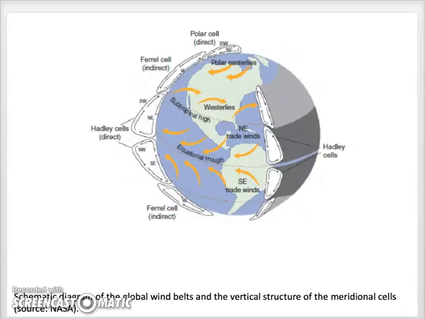This air cools as it moves forward and sinks back to the surface at about 30 degrees latitude, forming the subtropical high-pressure belts. These are permanent features that shift latitudinally and longitudinally with season.